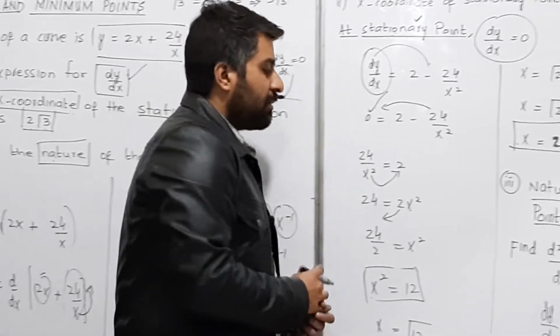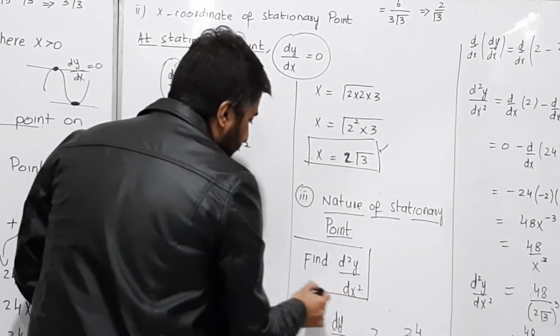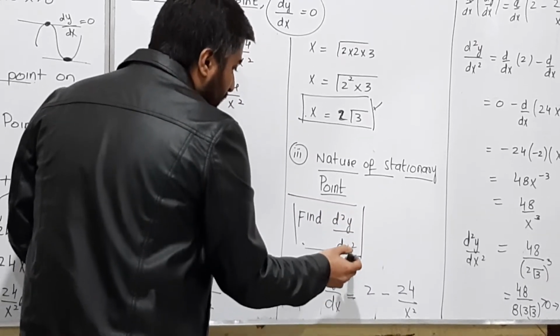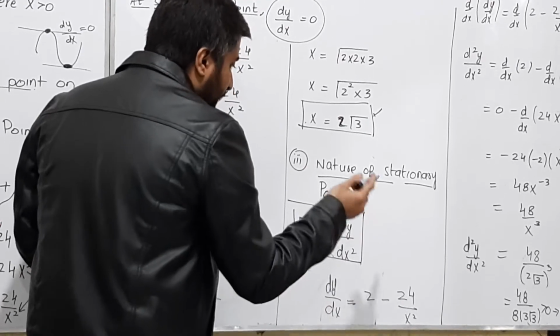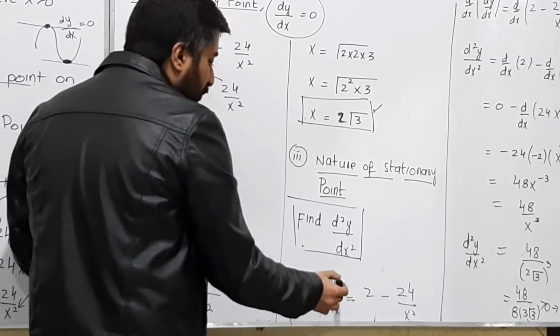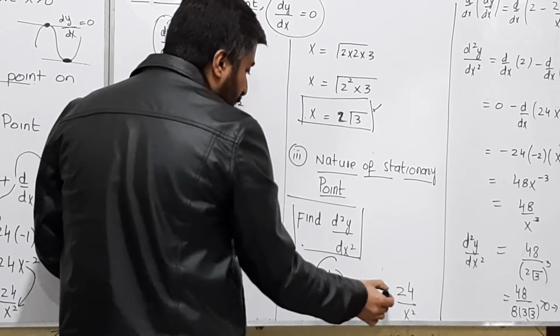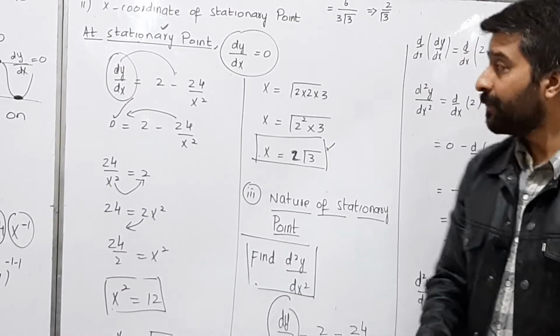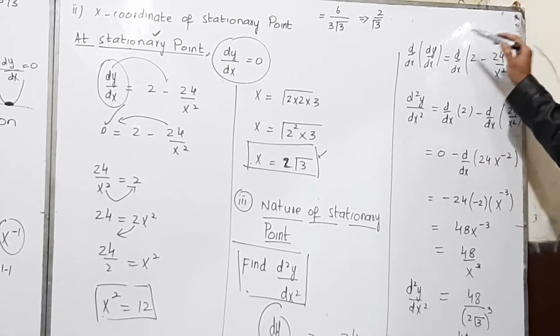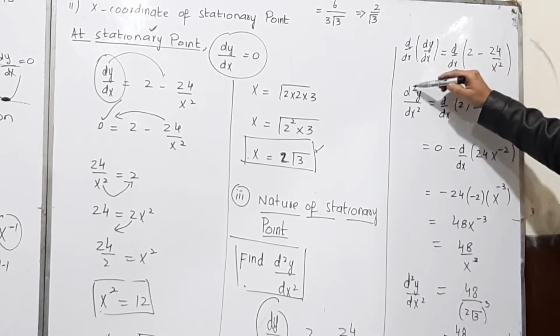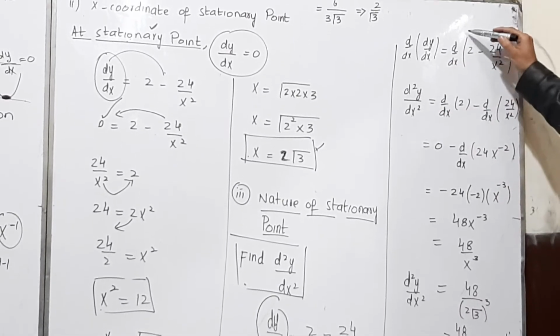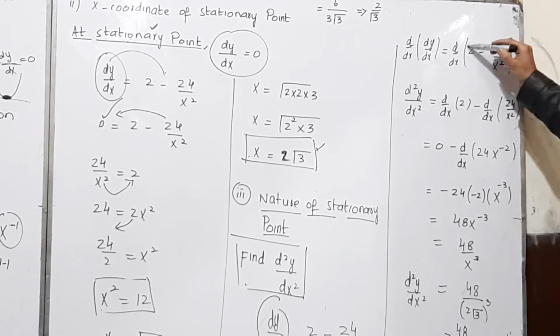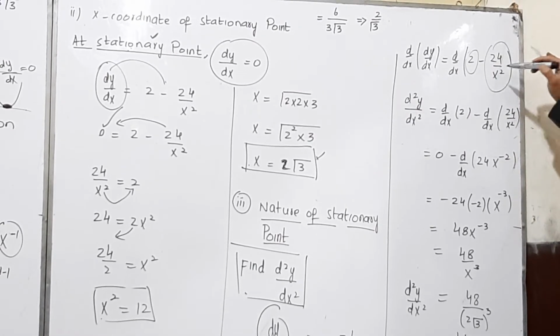Now for the nature of the stationary point, our next double derivative d2y over dx square is required. That will determine the nature of the stationary point. We have the first derivative dy over dx, 2 minus 24 over x square. Differentiate it again. It will be d2y over dx square, and differentiating the right side, you will differentiate the constant and you will differentiate 24 over x square.